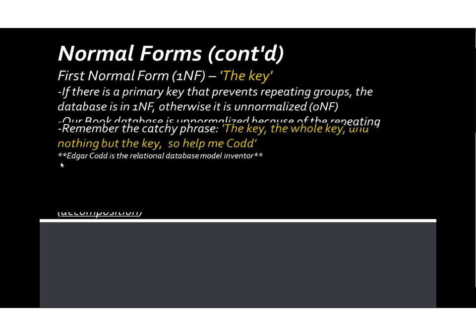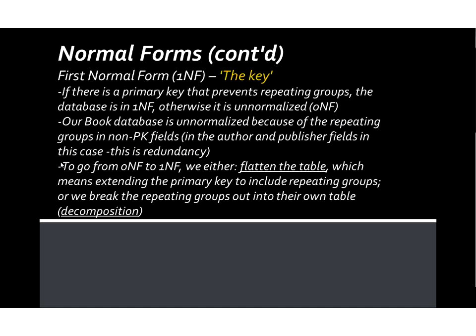All right. So 1st normal form is the key. All right, so make sure there's a key. Easy enough, right? So make sure that there's a primary key that prevents repeating groups, okay? Now, what's a repeating group? We can think of a repeating group as a set of values for one single row in the database.